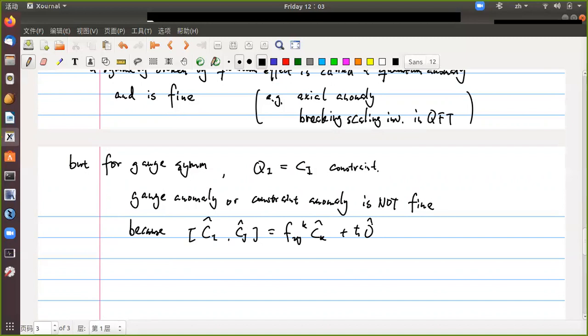For simplicity, we still assume it is classically a Lie algebra, so f_ijk is a constant, but you may get a quantum correction in your constraint algebra.